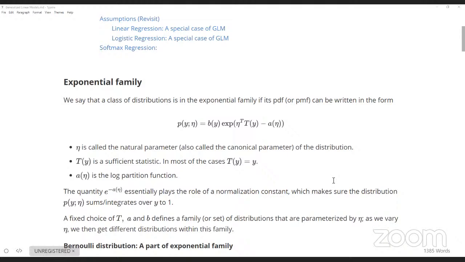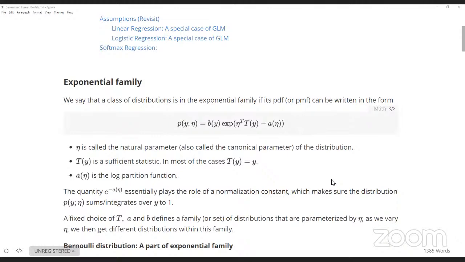That particular function that gives information about the parameter or the distribution is called a statistic. Here T of y is a function of y, and y is the sample. In most cases it can simply be the data itself, but T of y is a function of the sample. So it is called a statistic.